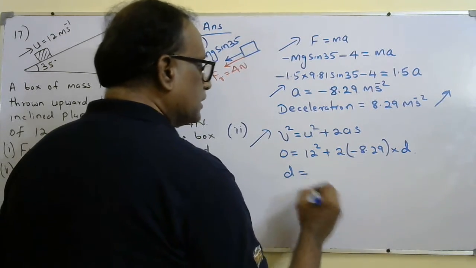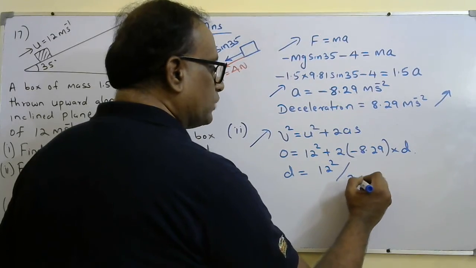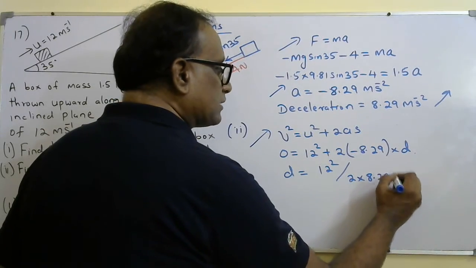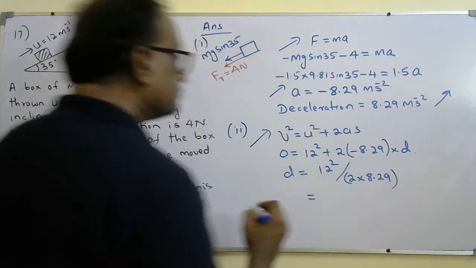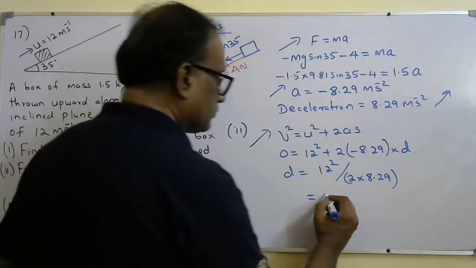Find d. That is 12 squared divided by 2 into 8.29, so 8.70 meters.